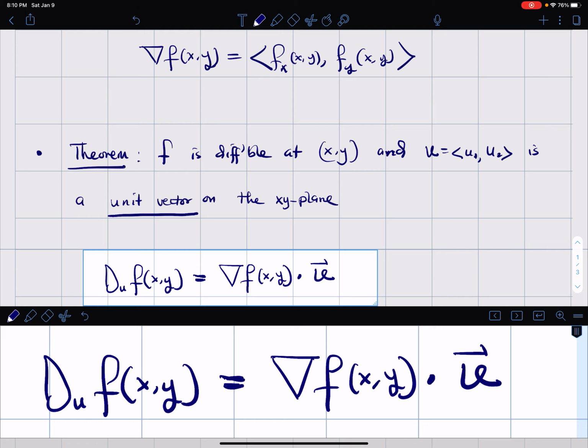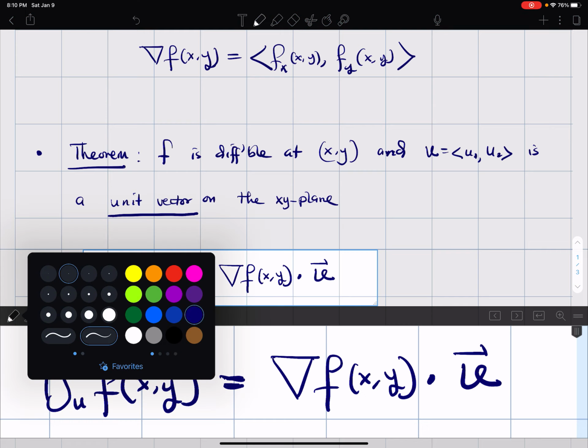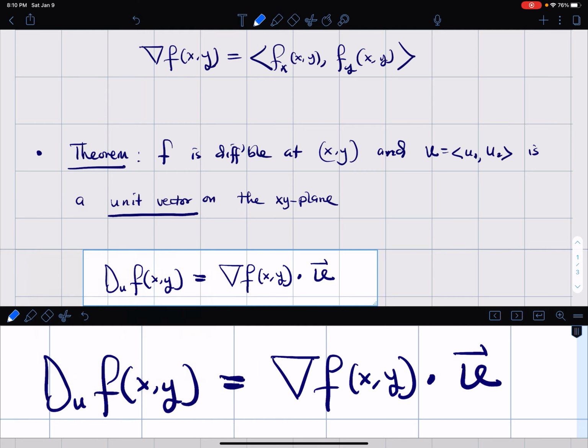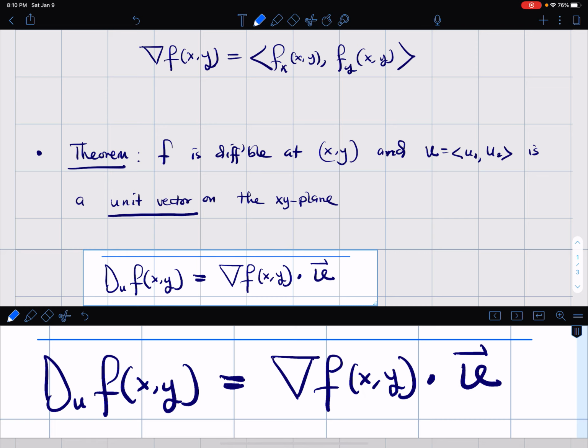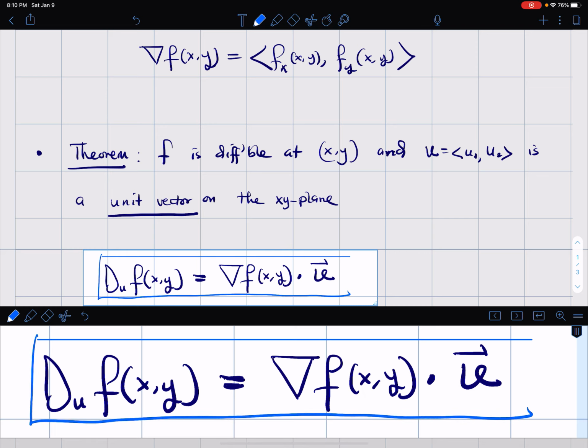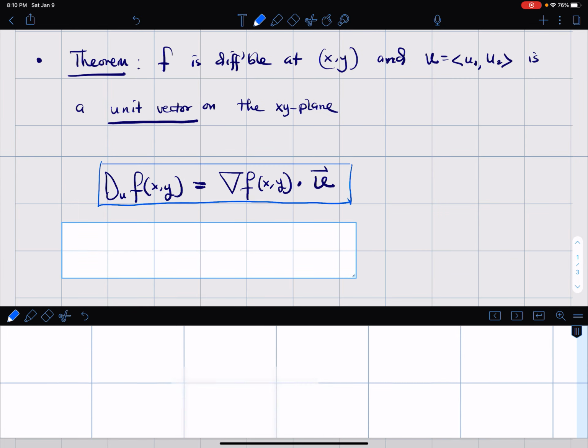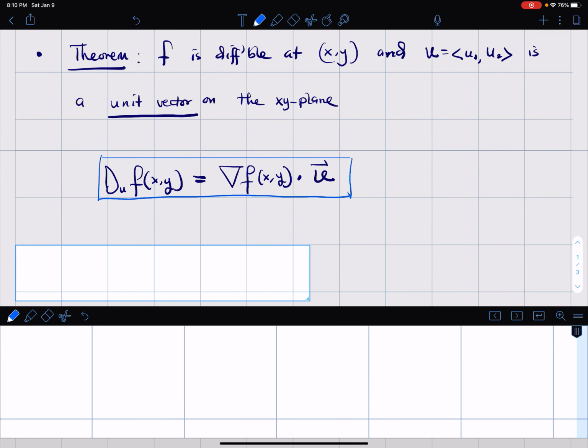We know how to compute the gradient. So this is the only method of computing the directional derivative that we're going to use in this lecture. So let's look at some examples.